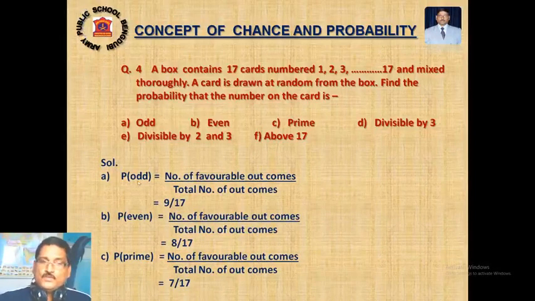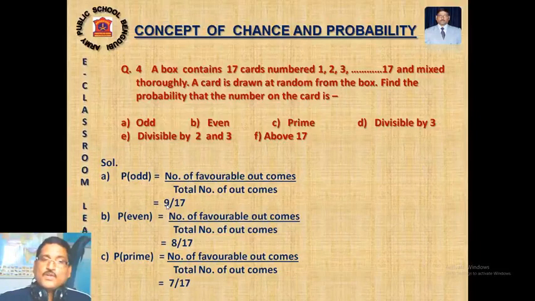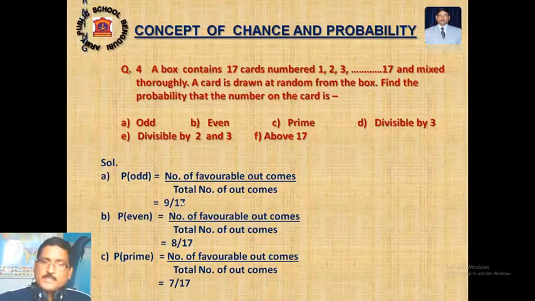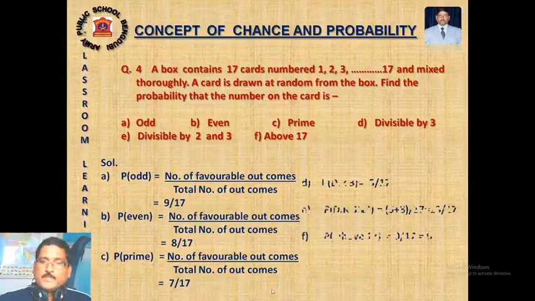P of odd means number of favorable outcomes by total number of outcomes. The favorable outcomes, odd numbers from 1 to 17, are 9. So 9 by 17. If cancelling is possible, you will do it, or if not, you will leave it. P of even, same way, 8 by 17. P of prime, 7 by 17.